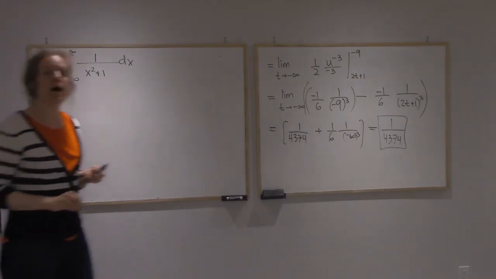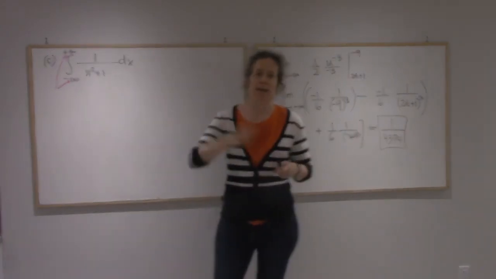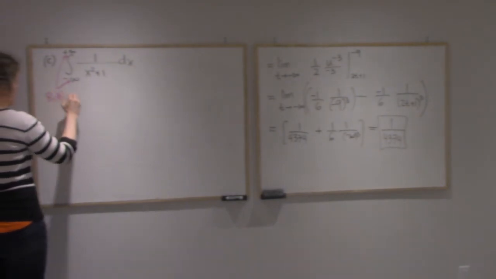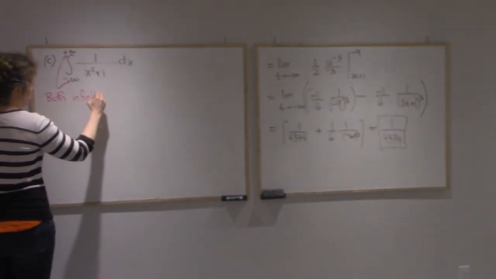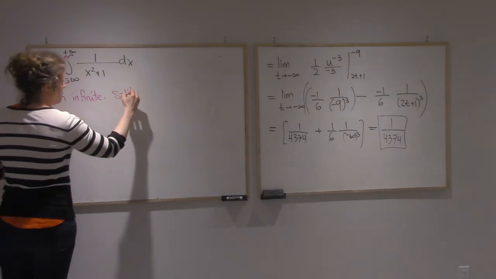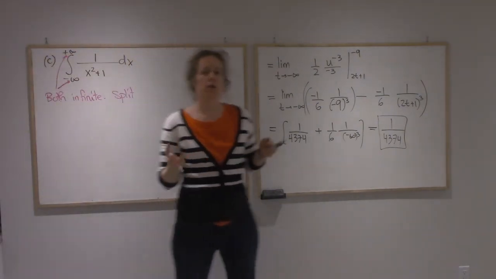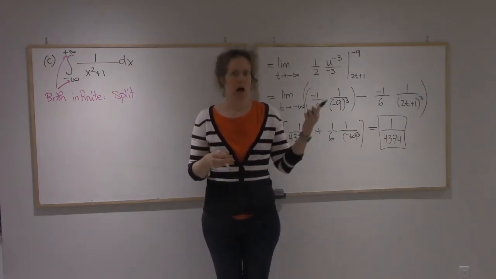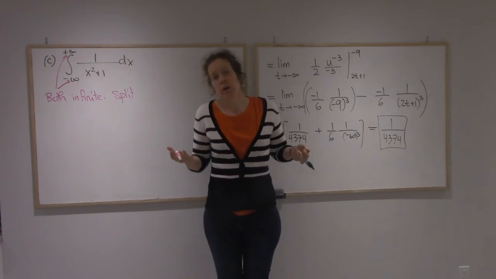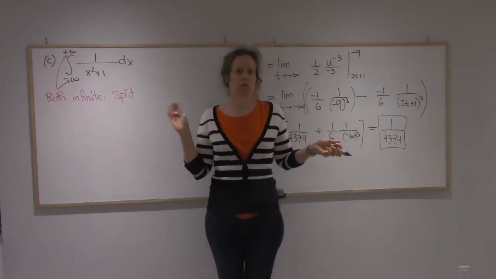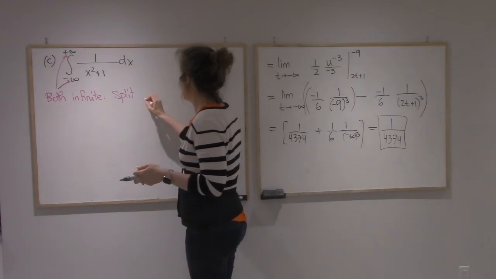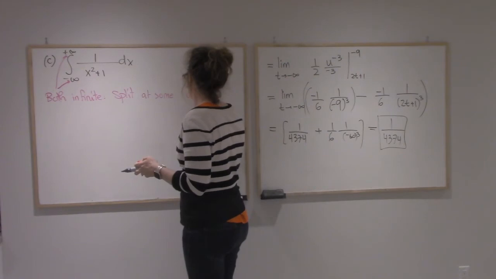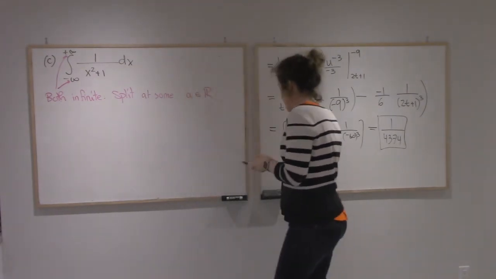Since both bounds are infinite, I need to check each of them separately. I'm going to split somewhere in the middle. You can pick any a you want. It doesn't matter. They'll cancel out in the end. You don't need to go crazy either. In this case, a equals 0 is perfectly adequate, but anything would work. It just needs to be a finite number.